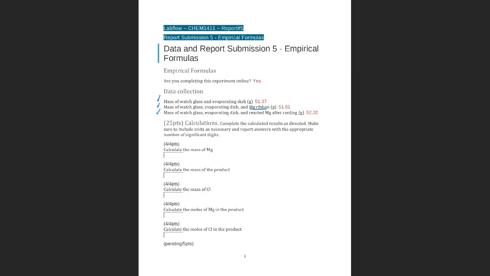So the first question that they will ask you here is to calculate the mass of magnesium. Tell me how you are going to calculate the mass of magnesium using the data that is given here. You can use my data because you are going to have different data. Subtract. Excellent. What are you subtracting?